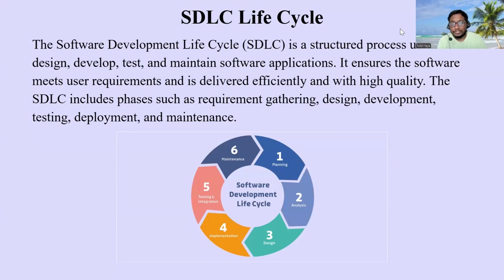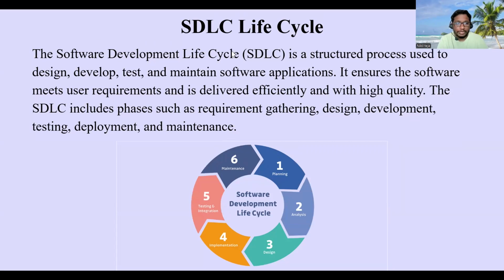The software development life cycle is a structured process used to design, develop, test, and maintain software applications. It's quite intuitive. You'll be designing, developing, testing, and maintaining the software applications which you have built. It ensures the software meets user requirements and is delivered efficiently and with high quality. So, by following this process, you can build a perfect software, right?